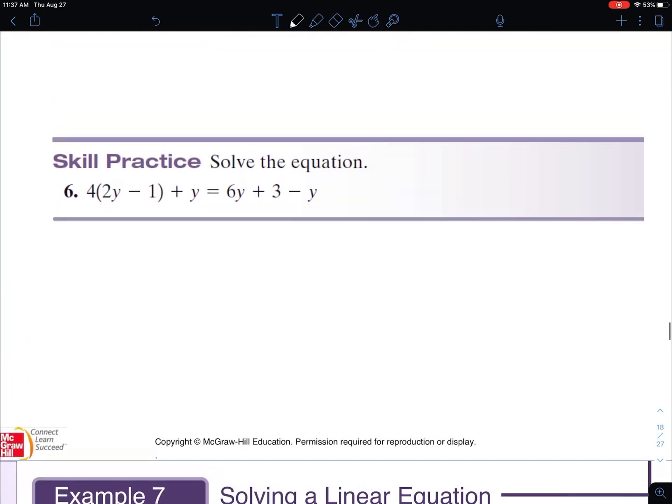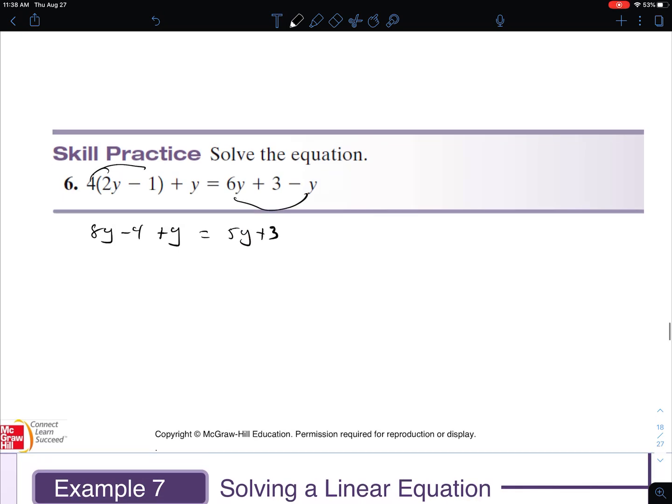All right, here's another example. So I'm going to go ahead and multiply this out. So it's going to be 8y minus 4 plus y. This is going to be 5y plus 3, right? I combine the y's here. So 8y plus y is 9y. I'm going to subtract the 5y from both sides, so I get 4y minus 4 is equal to 3.